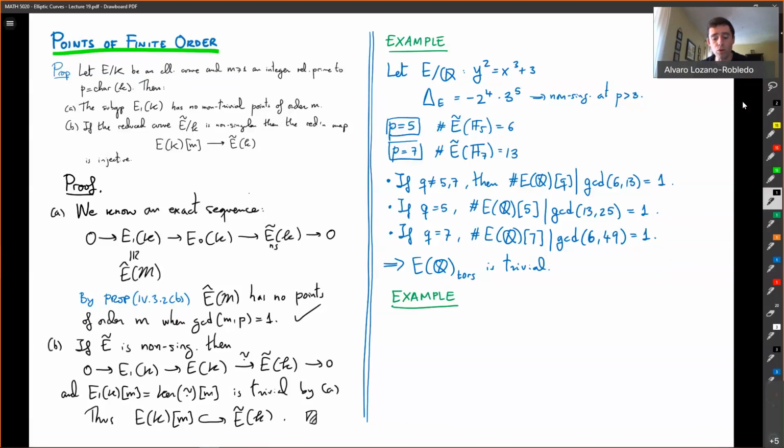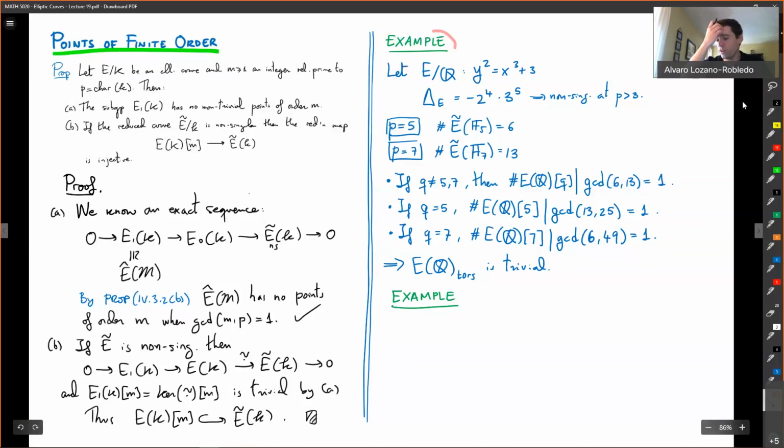As long as you are reducing modulo a prime of good reduction, and that prime and M are relatively prime, then the M torsion injects into the group of points over the finite field. So we used that last time in this example.